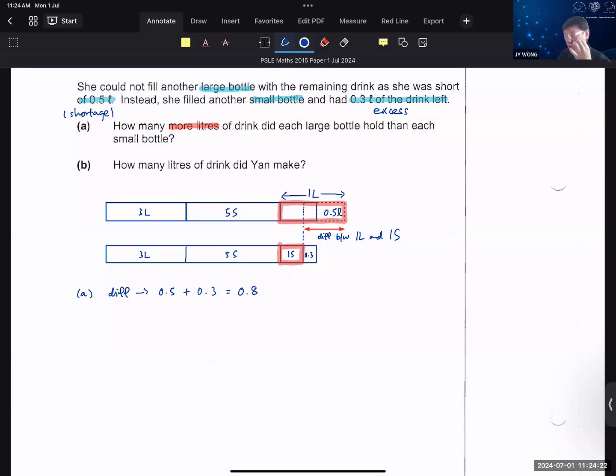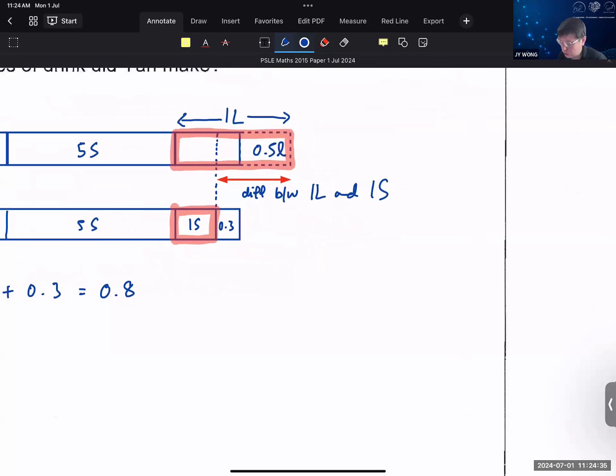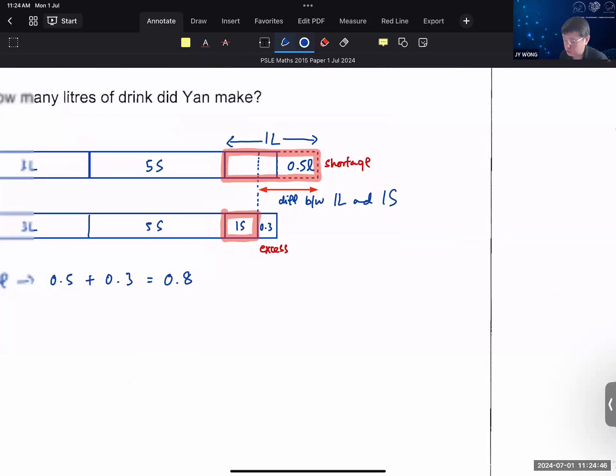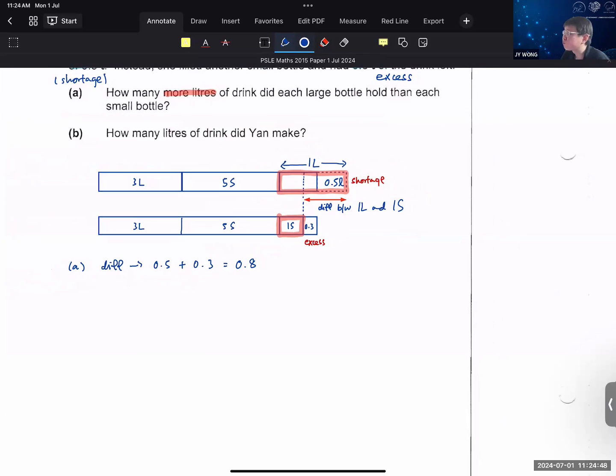Some of you may not have drawn the model. You will instinctively understand that it's an excess shortage question. You take excess plus shortage to give you the answer. But the model explains why you are supposed to take your excess plus your shortage. So the 0.5 here is your shortage. The 0.3 here is your excess. Your excess plus your shortage gives you the difference in this case.